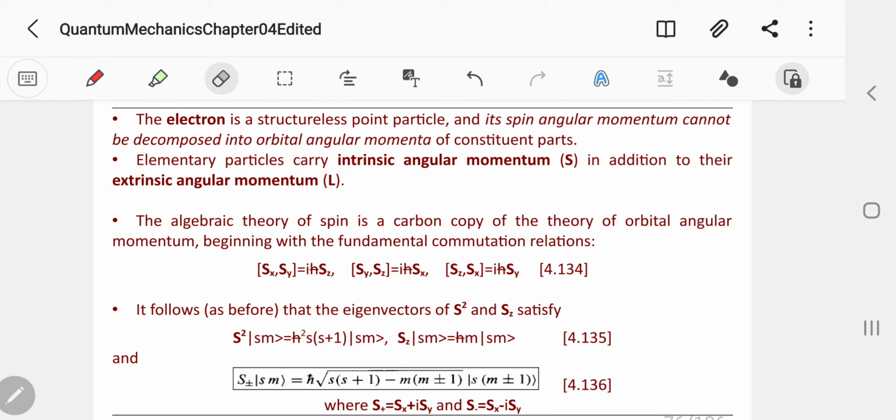So for the spin, the same equation works as with the orbital angular momentum.